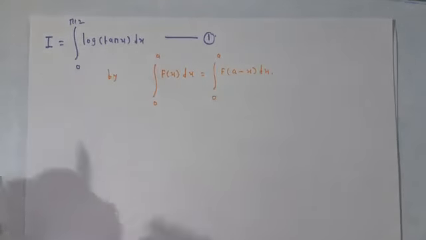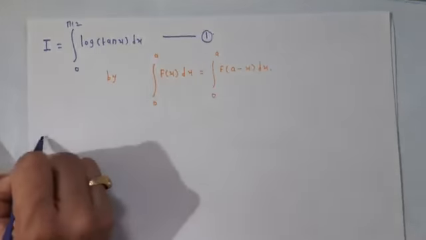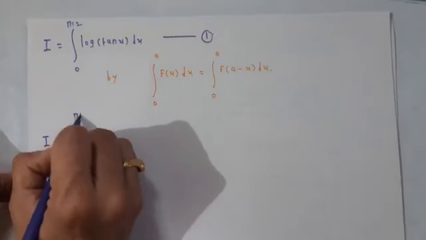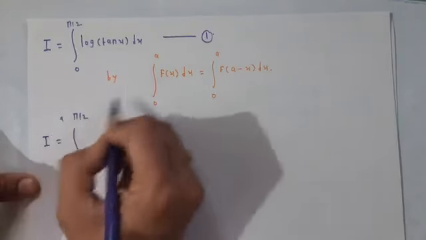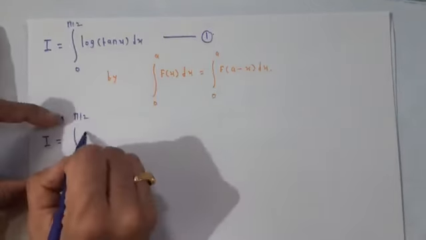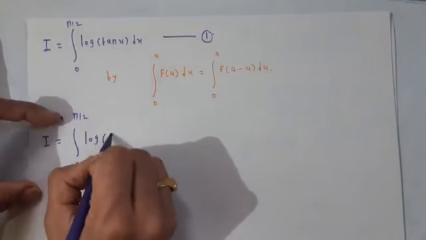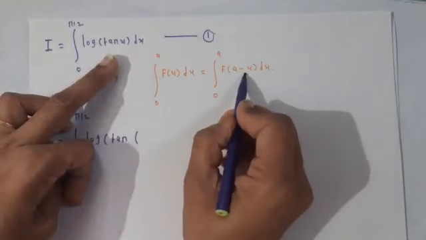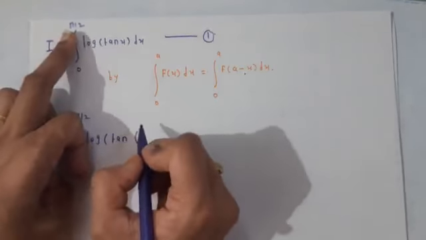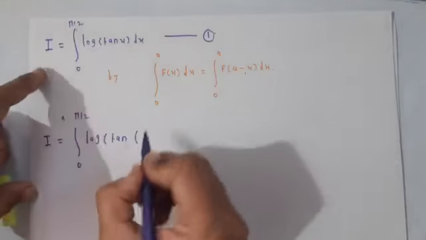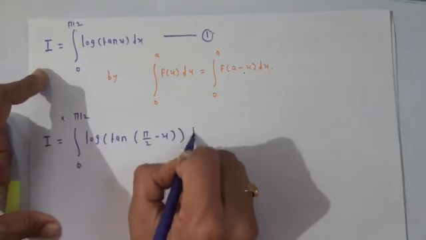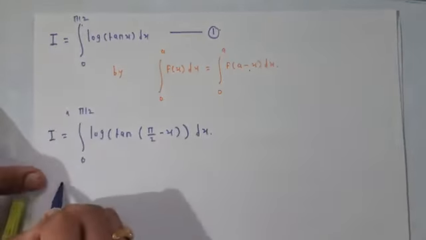By using this property, let the integration I equal to 0 to pi by 2, here a, by using this property, this is log of tan of, we can write a minus x, a is pi by 2, therefore this is pi by 2 minus x with respect to x.